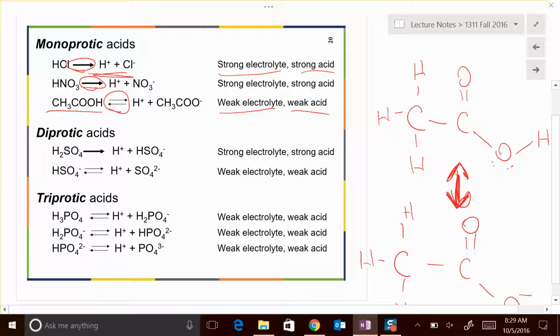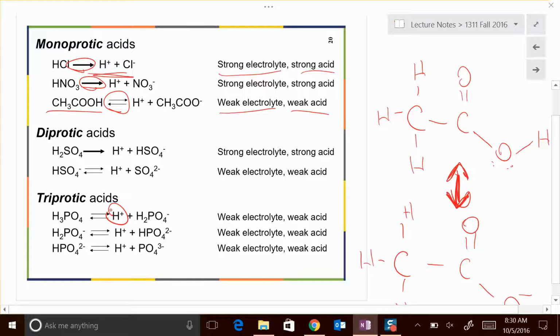This is the strongest step, but it's still a weak acid step because there is an equilibrium here. Okay? But then this one's weaker and will come off to an even lesser extent than this one. And then this one is the weakest step. So most of the hydrogen that is being ionized is essentially from this first step.